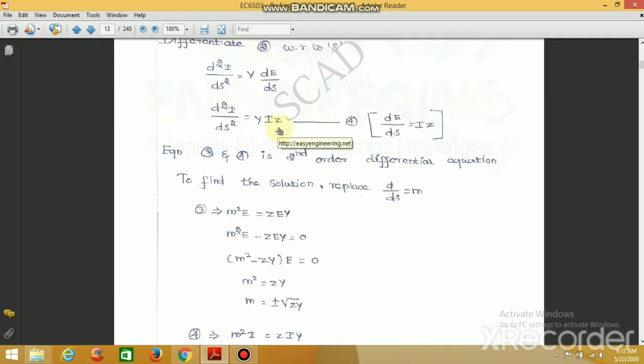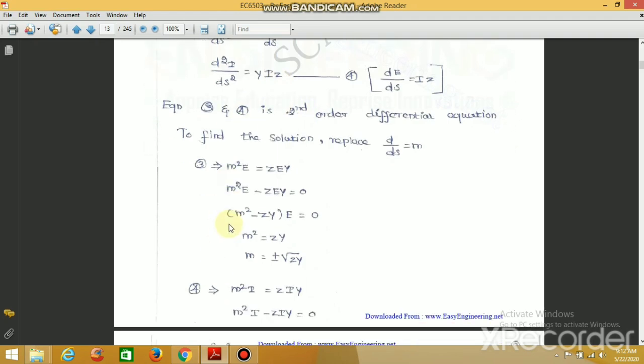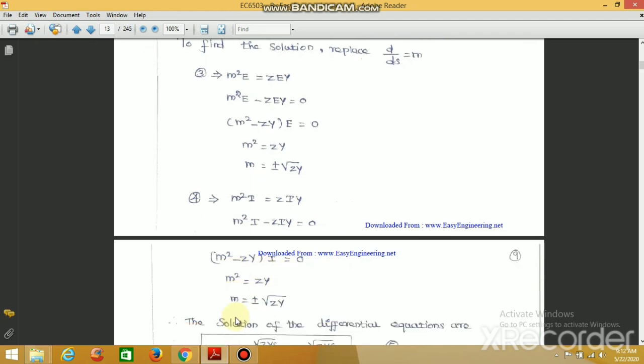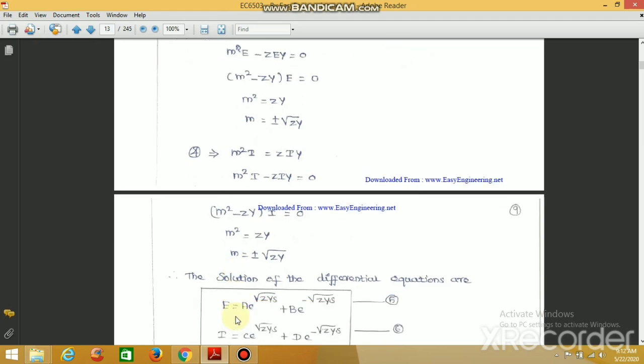Similarly, considering equation 4, replace d/ds by m, so you get m²I equal to zIy. Bringing all the constants to one side, m²I minus zIy is equal to 0, and taking I outside, (m² minus zy)I is equal to 0, so m² is equal to zy, and m is equal to plus or minus root zy.